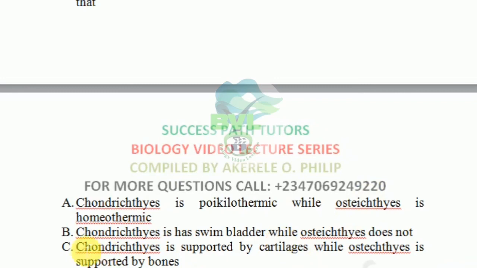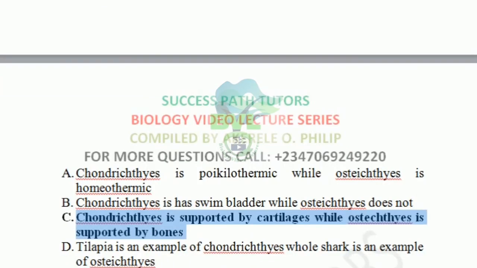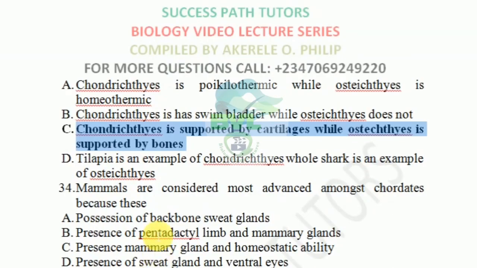The answer to that is C. Chondrichthyes are supported by cartilages, while osteichthyes are supported by bones. Every other option here is either wrong or not just correct.